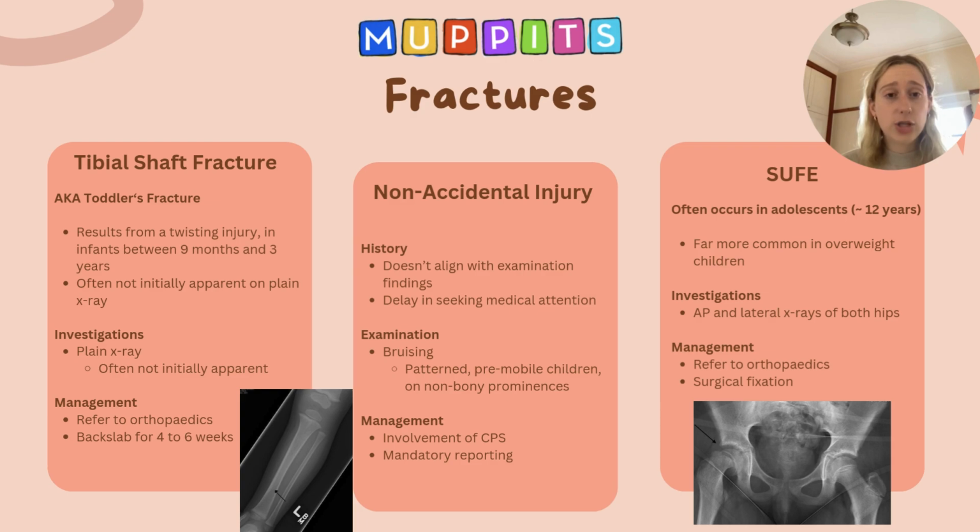Investigations performed are usually AP and lateral x-rays of both hips, often in what we call a frog leg position, which is often the most useful position to be able to see the abnormality.